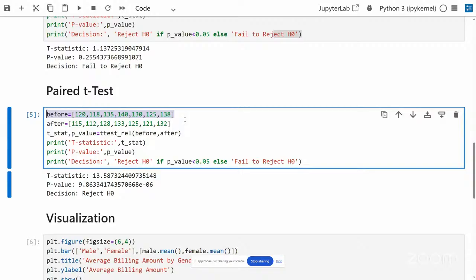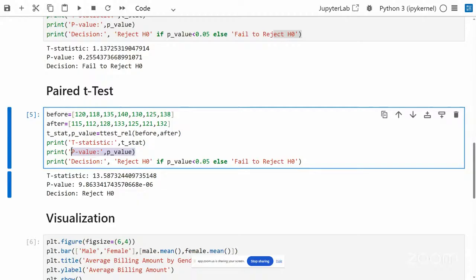So we have two types of data sets, before and after, and you will apply the t-test here. This is how you can apply it.